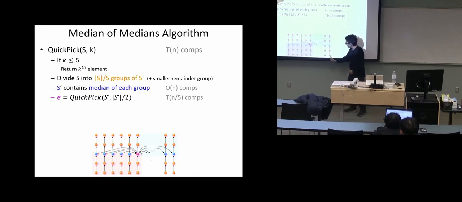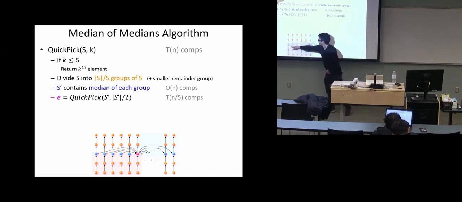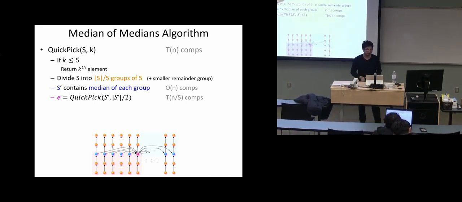The smallest guy points to the larger one, okay? And there is a middle guy here. This is the median of each group. And let S prime be the blue guys. S prime just contains the median of each group.